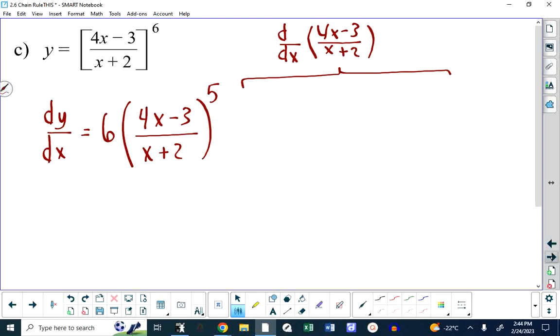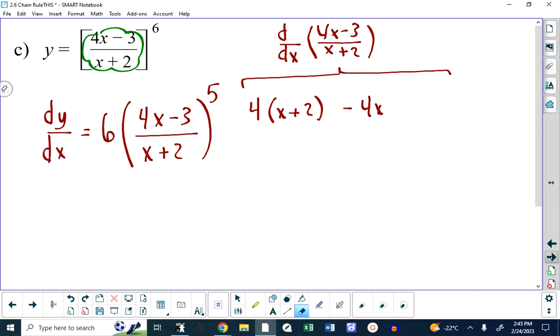So that's a quotient. I'm multiplying right now by the derivative of this thing, which is a quotient. So I follow the rules and I take the derivative of a quotient, which is the derivative of the first, or the top, times the bottom, minus the top, multiplied by the derivative of the bottom, over the bottom squared.